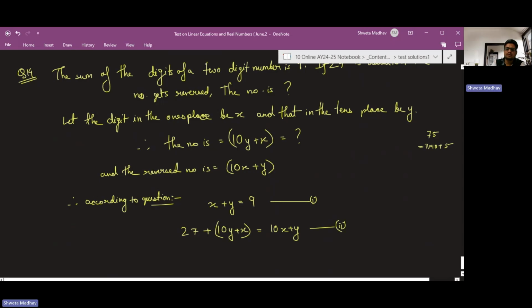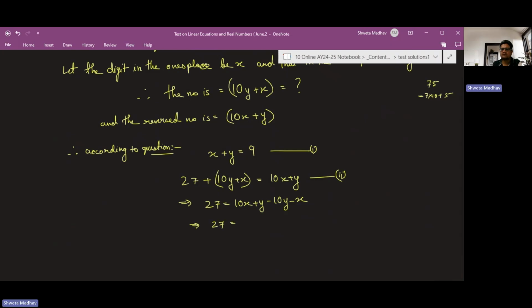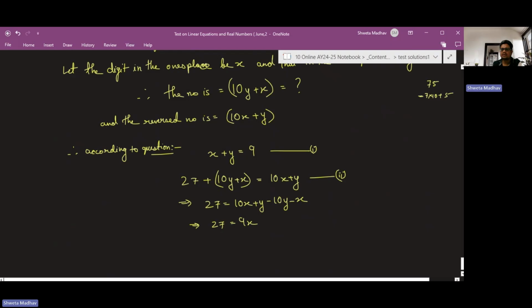Equation 2 we can slightly simplify. Then we get 27 equal to 10x plus y minus 10y minus x. Simplifying, we get 27 equal to 9x minus 9y. Dividing both sides by 9, we get x minus y equal to 3.